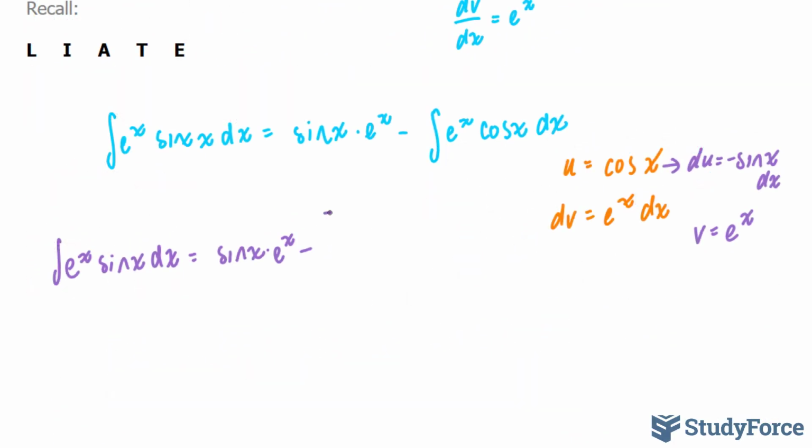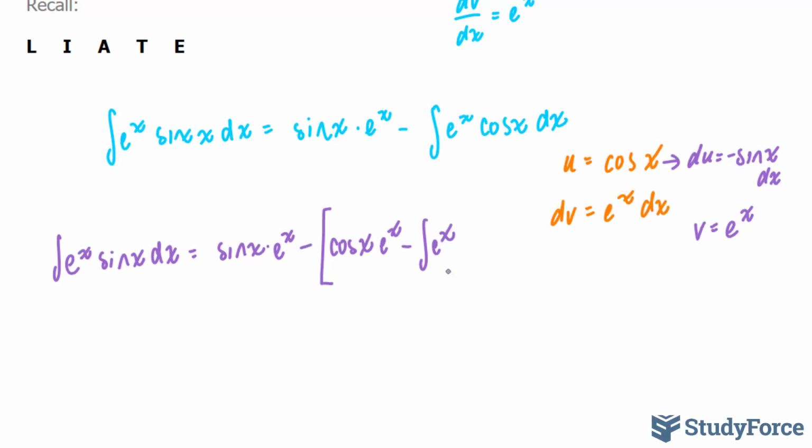So I have a big bracket, our u happens to be cosine x, our v is e to the power of x, minus the integral of v, which is e to the power of x, and our du, which is right here, negative sine x dx, close bracket. So I'm going to clean this up a little bit.